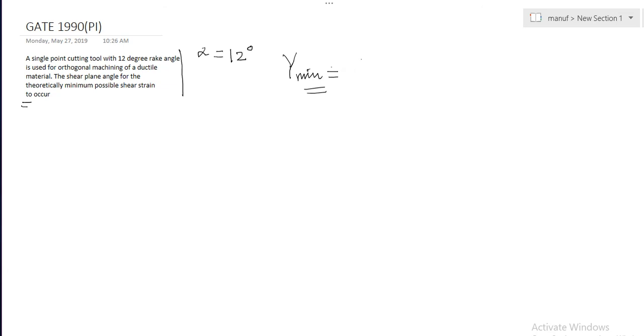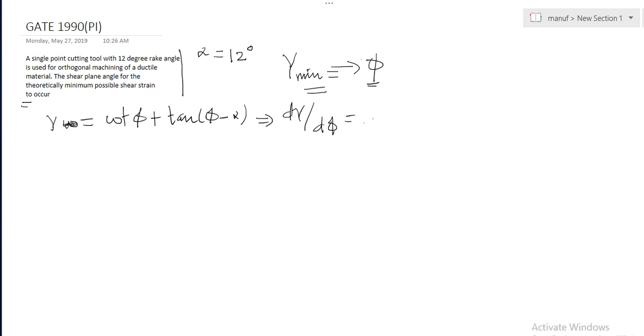So we can write gamma equal to cot phi plus tan phi minus alpha. So I can differentiate it. That is equal to minus cosec square phi plus sec square phi.